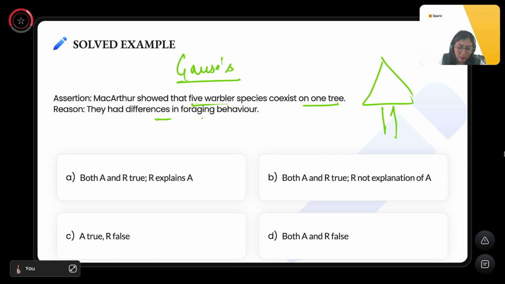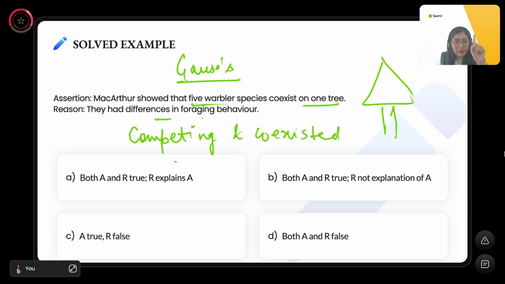Okay, so here MacArthur said that what happened with the warbler species, these bird species, that they tend to live on a single tree, and he found that these warbler species basically avoided competing with each other, and they coexisted due to one very important thing called resource partitioning.